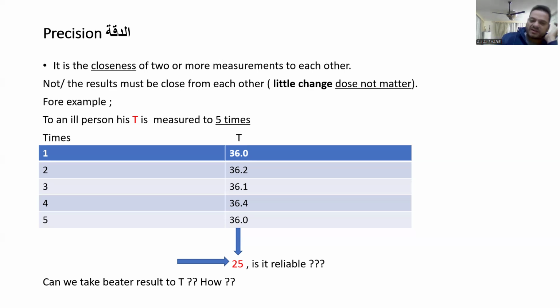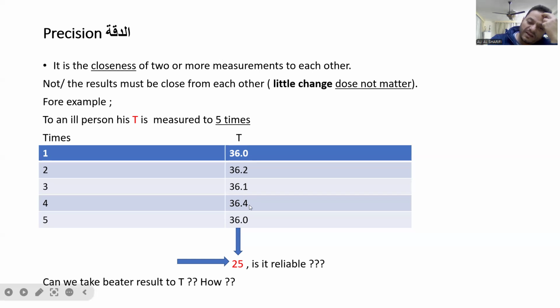That means my results are reliable. All of these numbers have precision. My result is reliable. And I will do another thing to decrease the mistakes more, okay?